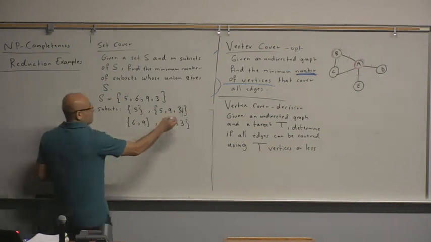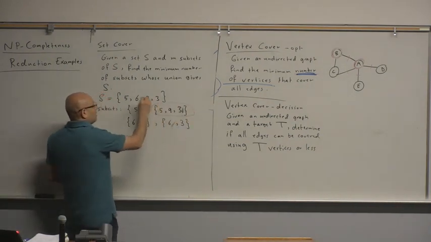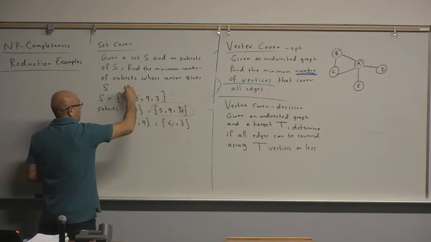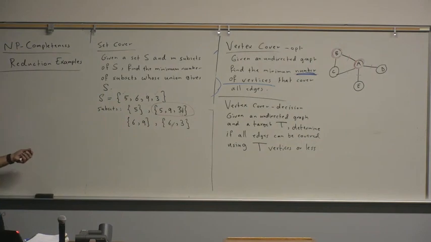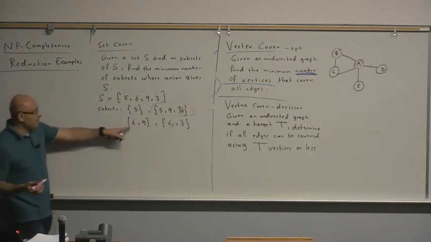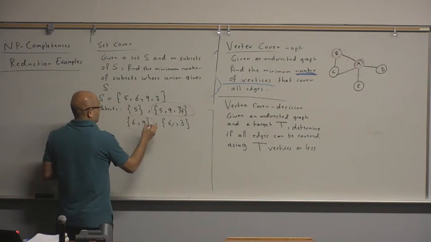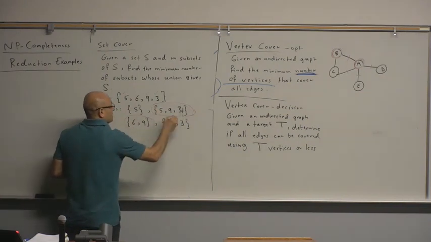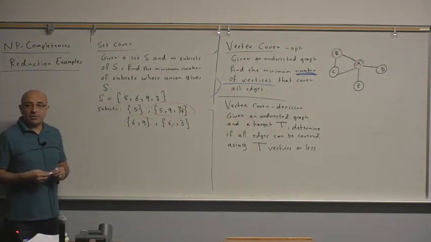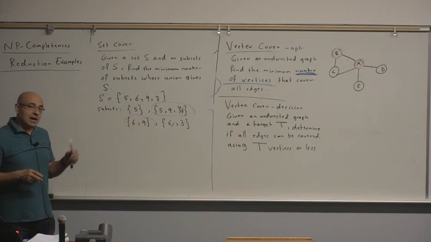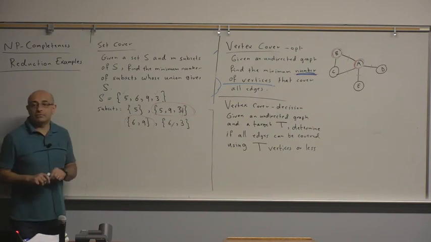Clearly this will cover 3 elements for us, 5, 9, and 3. And we need another set that covers 6. So we can pick one of these 2, and that will cover 6. Now with these 2 subsets, we managed to cover the original set. So the minimum number of subsets that cover the original set is 2.